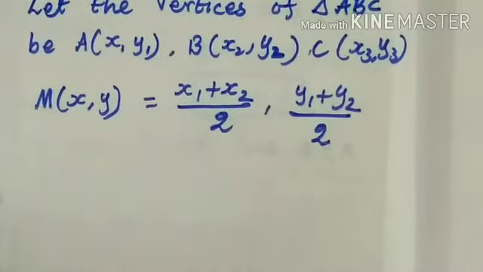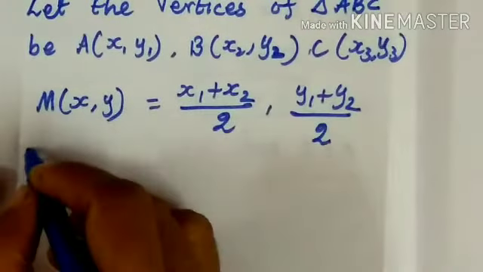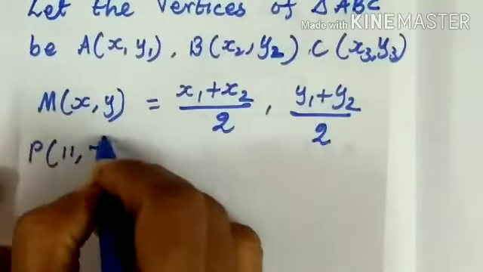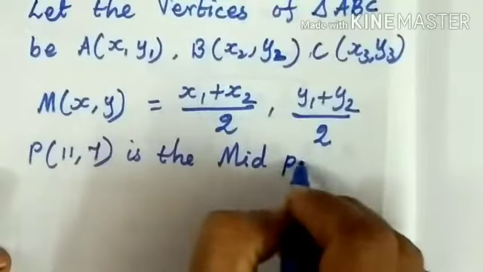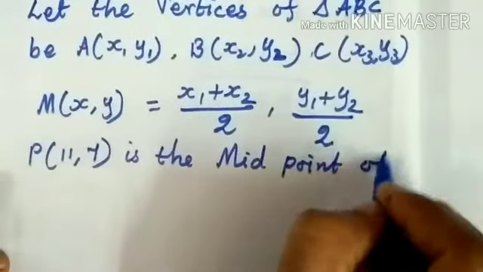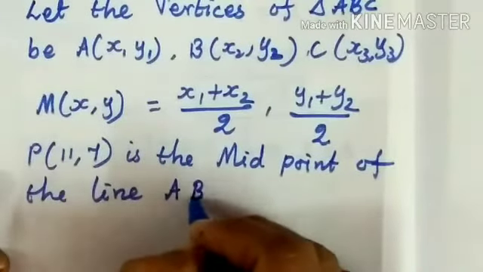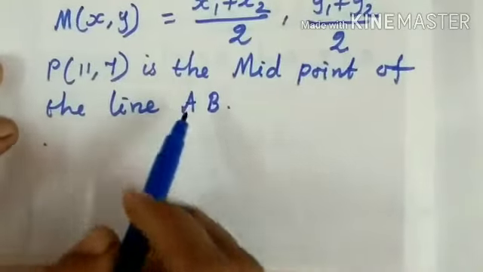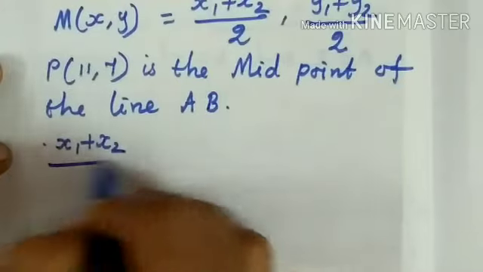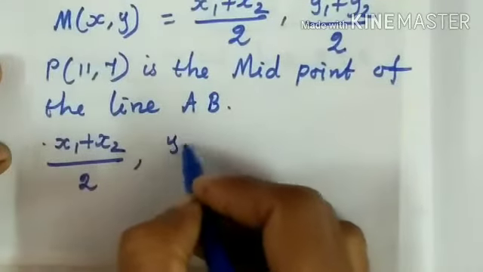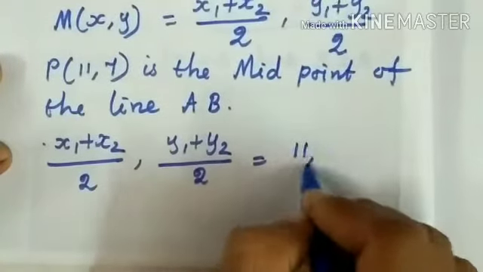Here in this question, P (11, 7) is the midpoint of the line AB. Now you apply the midpoint formula, means we get ((x1 plus x2) by 2, (y1 plus y2) by 2) is equal to (11, 7).